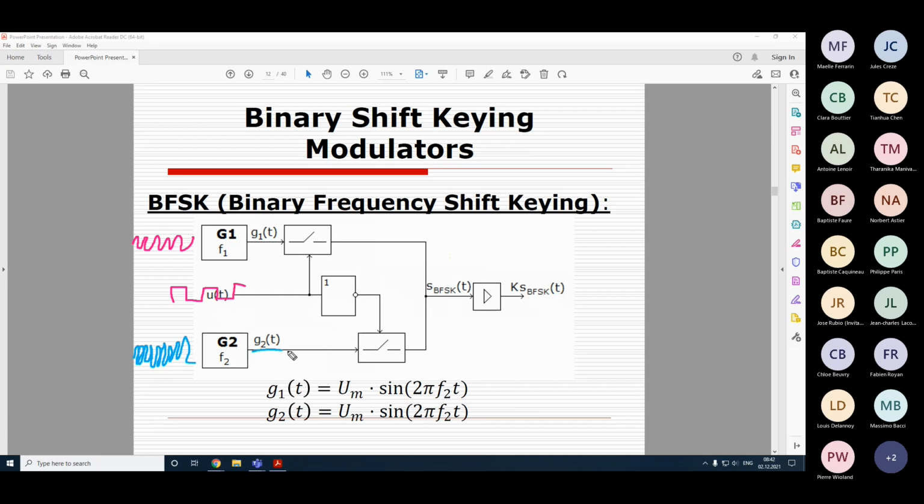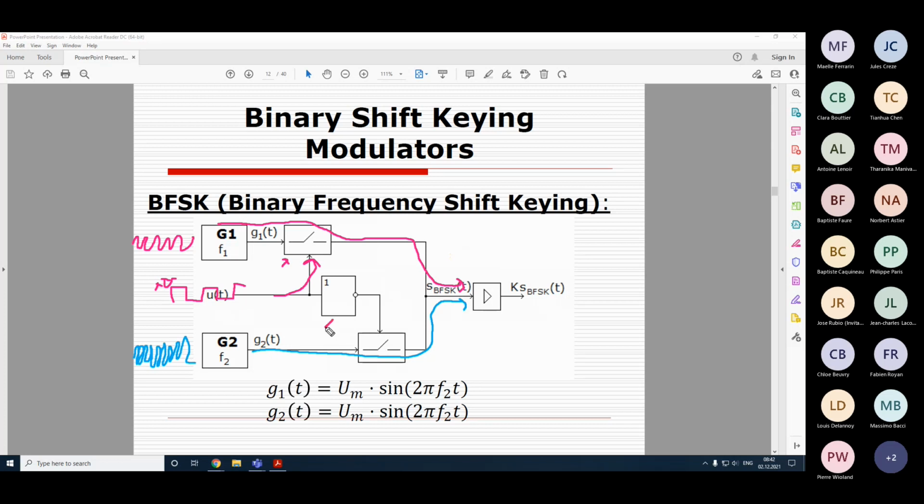Both of them try to go through to the output. However, we have two switches controlling whether the signal will pass or not. The first switch will open with positive voltage, plus U. Accordingly, when we have plus U, this switch is opened and the signal passes to the output.